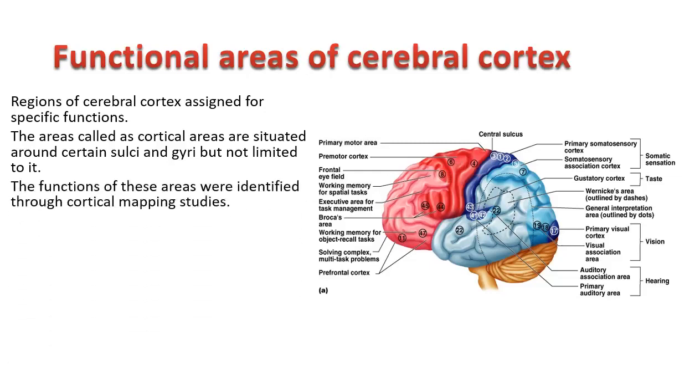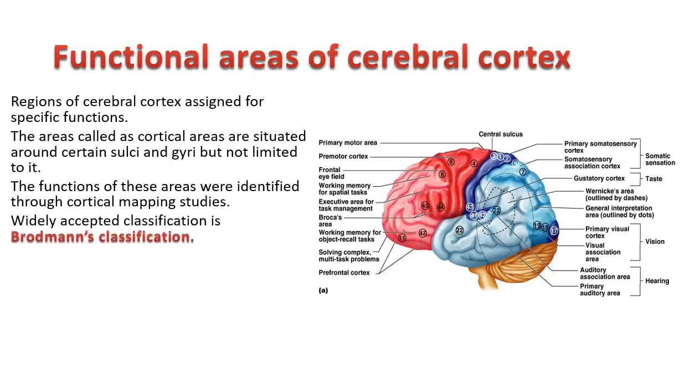They are identified through cortical mapping studies. Mainly they stimulate through electrophysiological studies and identify the various cortical areas, or experimentally in animals, cortical ablation studies, where they remove a part of the cortex and see what functions were lost. These were done mainly in the beginning of the 19th century itself.